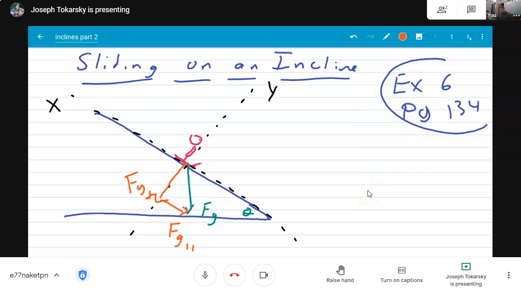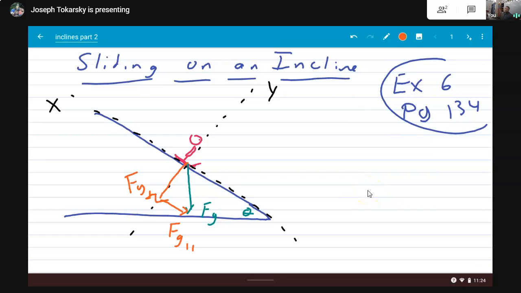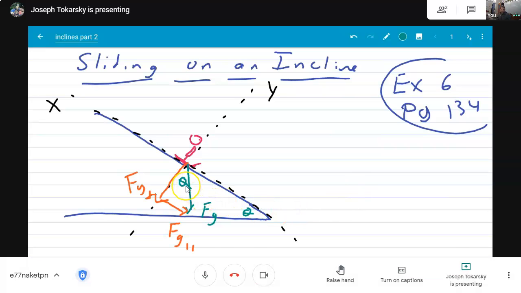And remember, yesterday we made up two formulas for these two components, based on the fact that the angle in this triangle is also theta, which I proved in another video yesterday.